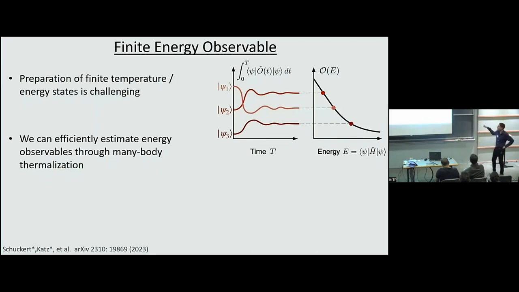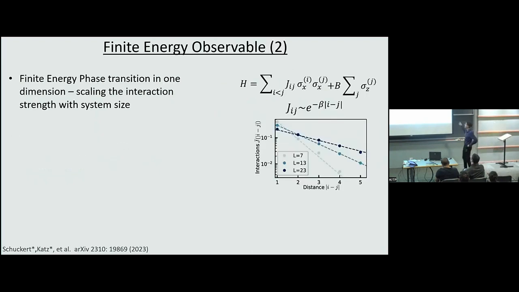And what we do is we start with product states, and after thermalization within the system by the interaction of the system, they actually realize approximately finite energy states. And that allows us to observe and probe different measurements and construct the observables of finite energy systems. Specifically, the system we were interested in is to study some phase diagrams of this transverse field Ising model.